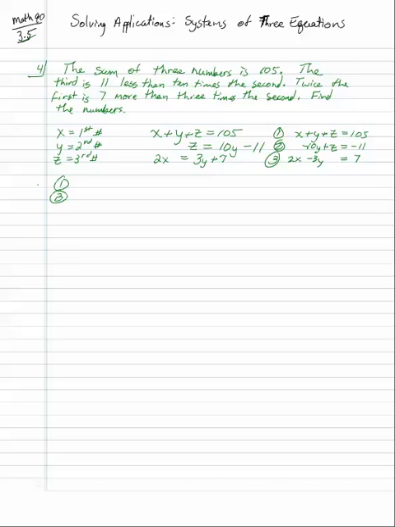So let's take negative 2 times equation 1. Leave equation 3 alone. So that'll be my equation 4. So we get negative 5y minus 2z equals negative 203.